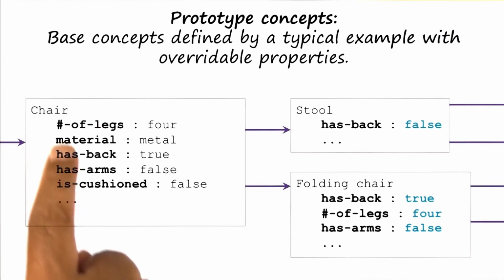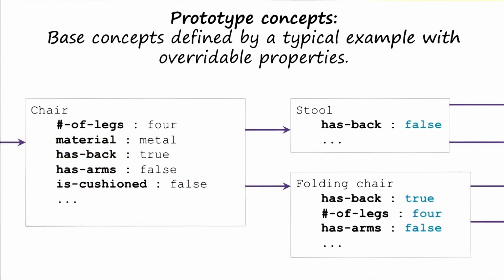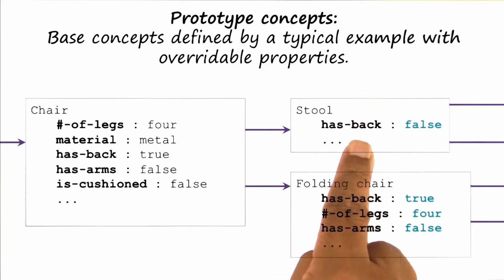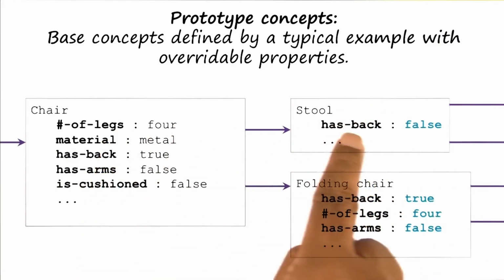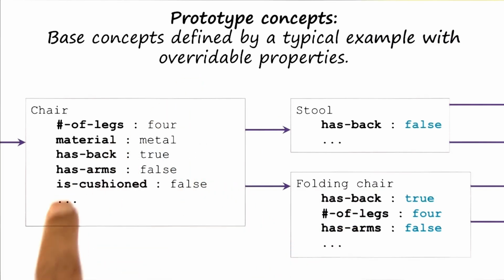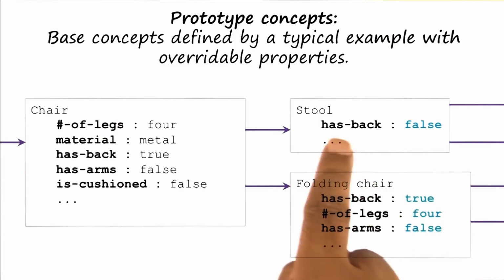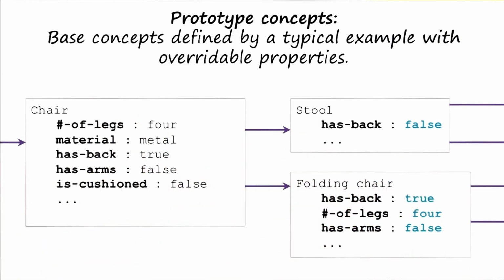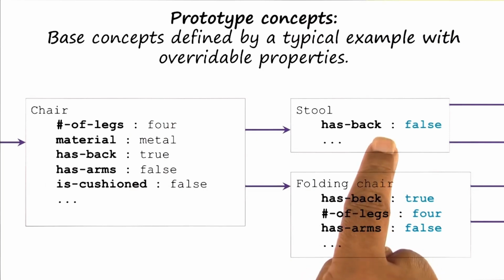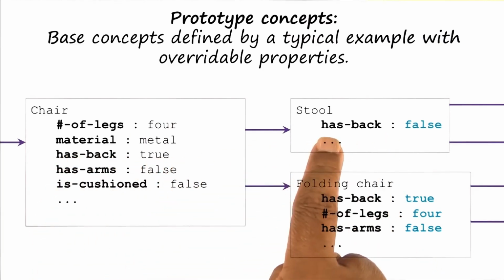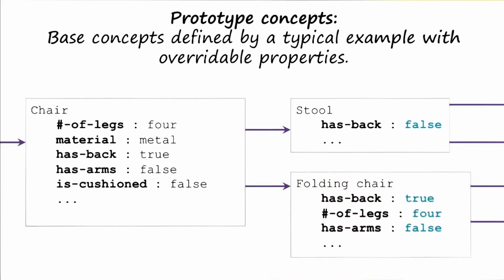By default, we assume the number of legs is 4, the material is metal, and so on. Here is a stool, and the stool is a kind of chair, which means that it inherits all the values and all the slots that are there in the chair directly, except for those that happen to be different from the one in the chair. So as an example here, it overrides the notion that the chair necessarily has to have a back. In the case of a stool, the stool does not have a back.